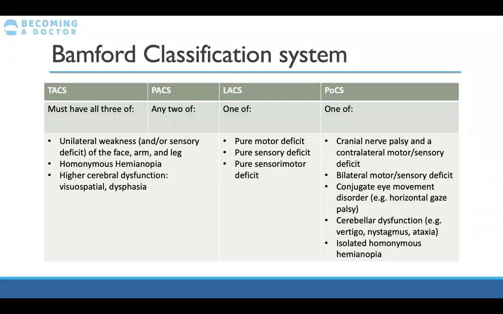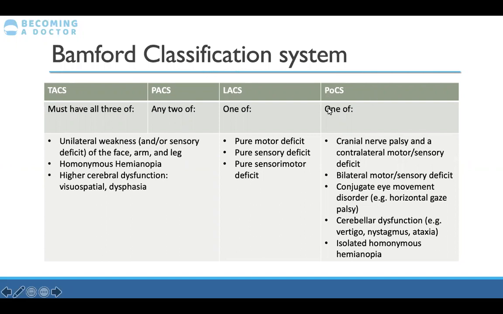So these are very small strokes, but sometimes with a big enough stroke, you can get a pure motor deficit, a pure sensory deficit, or a pure sensorimotor deficit. So you don't get a higher cerebral function deficit. You might not get a hemianopia, but you just get these particular small deficits in these people.